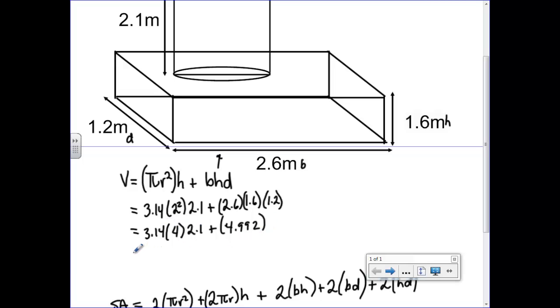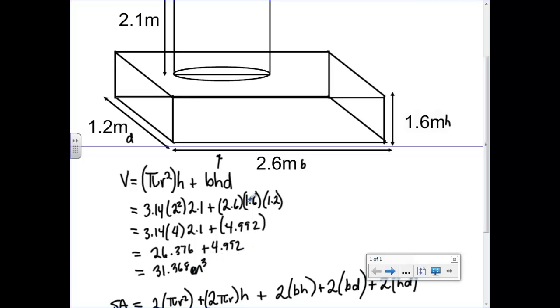Then I can solve this other part, which is all multiplication as well. 3.14 times 4 times 2.1 equals 26.376, plus 4.992, and then my grand total of volume is 31.368, and that is volume, so it is meters cubed.